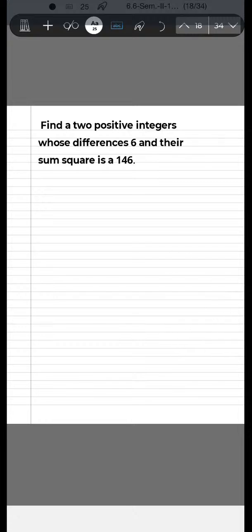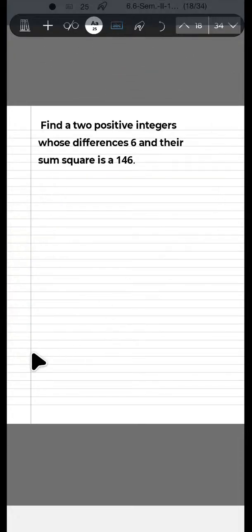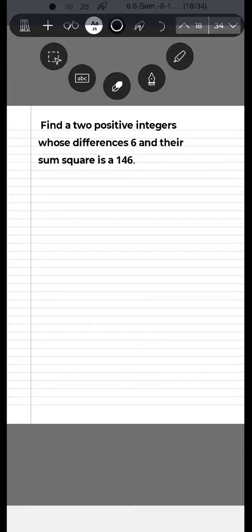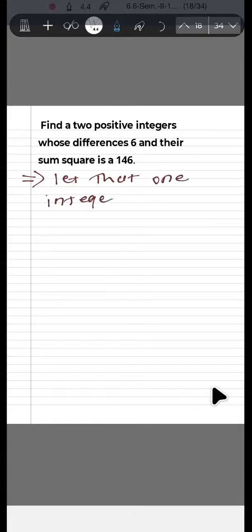So simply how to solve that? Simply by making one consideration I can solve that easily. So here I have to select the pen first. Okay, so let us consider one integer is x.